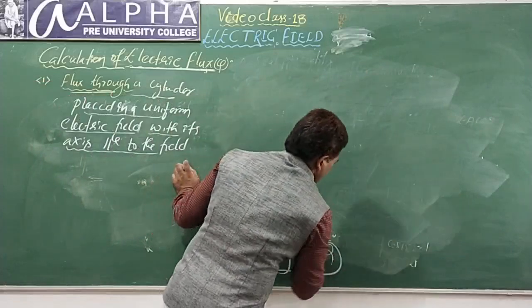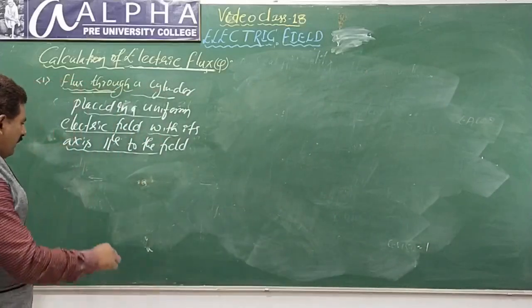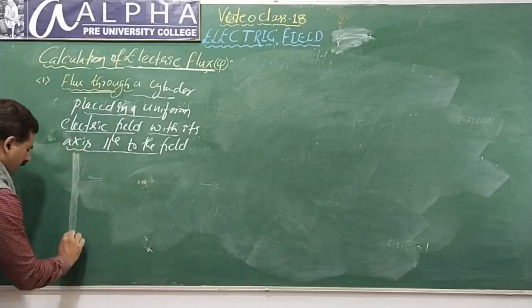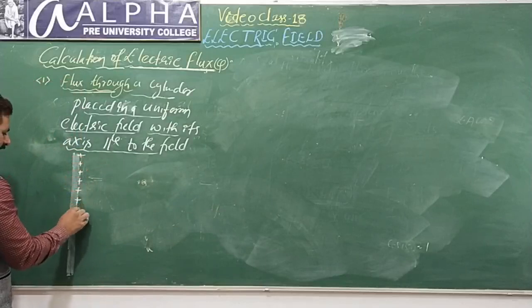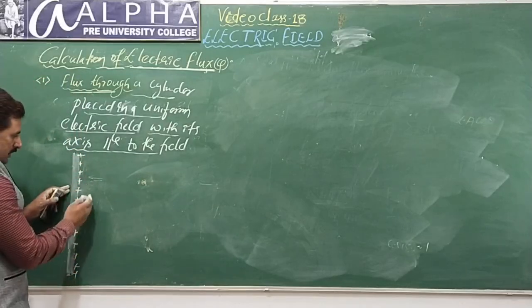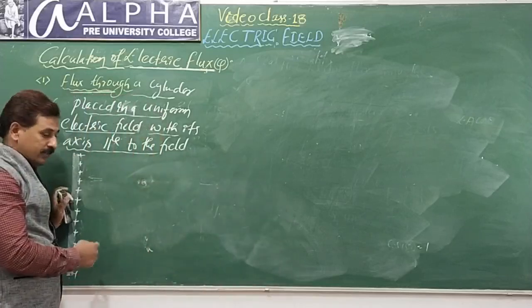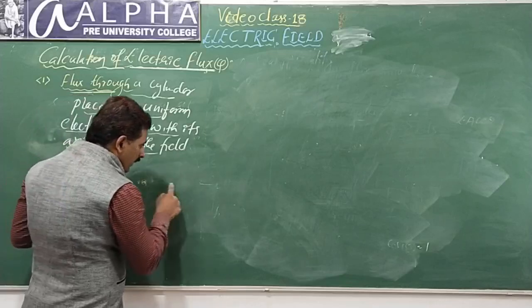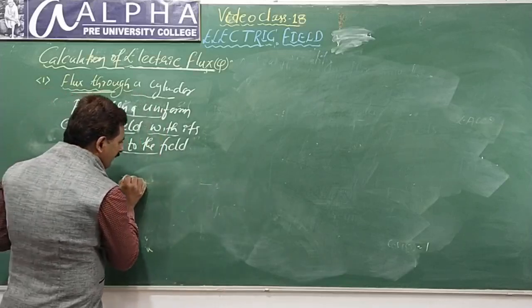Now, what is electric field? Again, force per unit charge. How do you produce a uniform field? If you consider a charged surface, there will be a charge arrangement over the surface, a surface charge distribution like this, and this charge distribution produces electric field all around uniformly. Students, you know, as you move away, electric field decreases. But let us suppose, for simplicity, the electric field is like this.